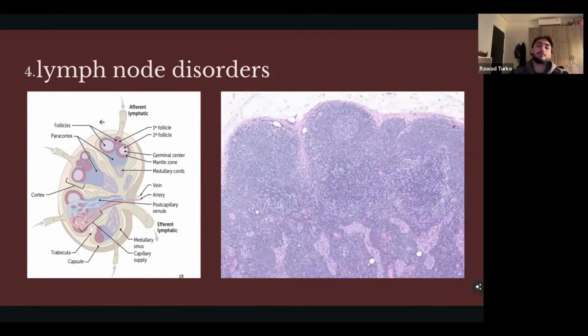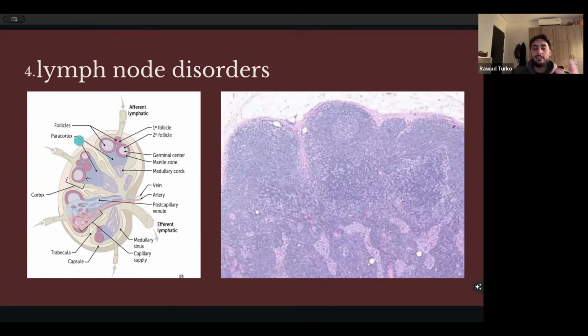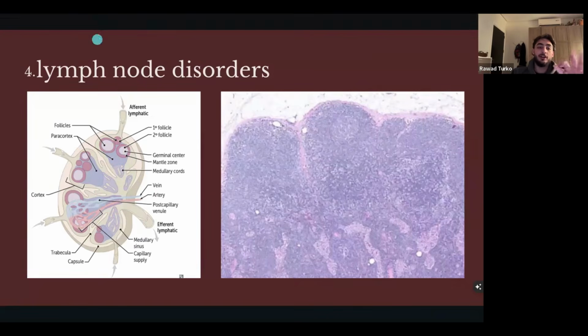So any infection with viruses or fungi or anything that requires cell-mediated immunity, which is your T cells, you're going to get hyperplasia of the T cells inside of the paracortex. It's called paracortical hyperplasia. Okay, so this is for T cells. And finally, you have your medulla here. That's where you have your sinus histiocytes.